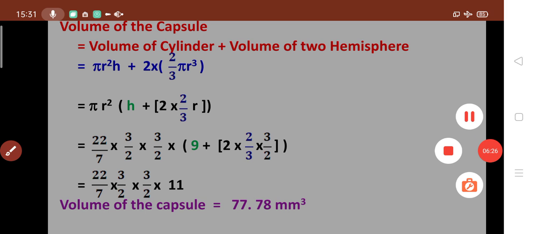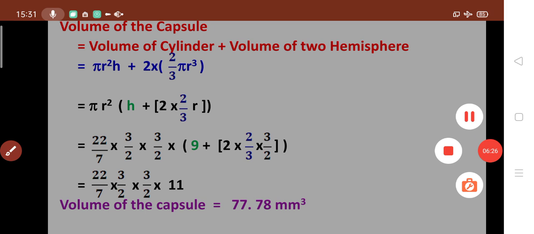Now volume of the capsule is volume of the cylinder plus volume of two hemispheres, one at each end. Volume of the cylinder, what is the formula? Pi r square h.